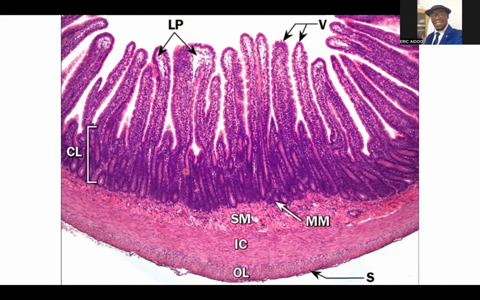That is why you see the basophilic stain. And that's the muscularis mucosa. It is not too clear at this point. Then you have the submucosa. Then inner circular, outer longitudinal, and serosa.